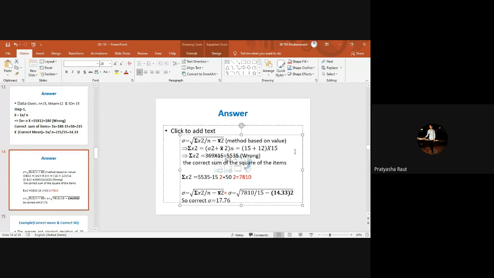This customized version of the standard deviation formula is really used for this type of problem: sigma equals square root of summation of x square divided by n minus x bar square.